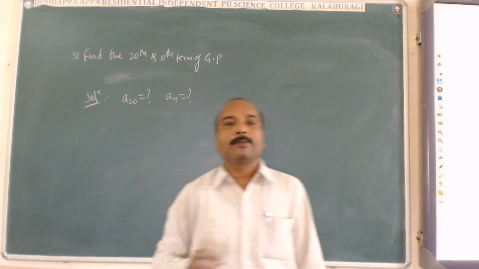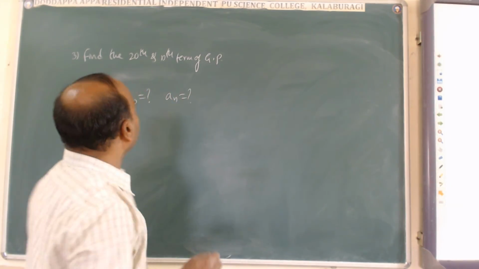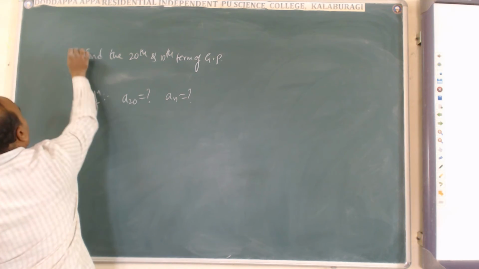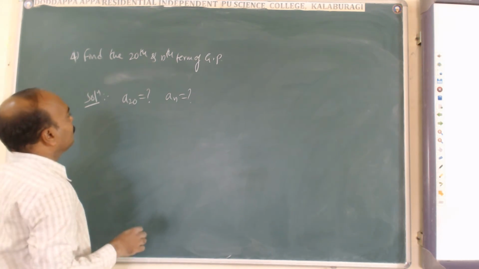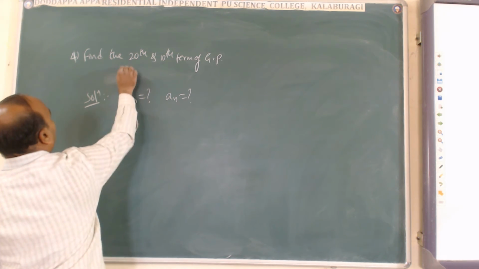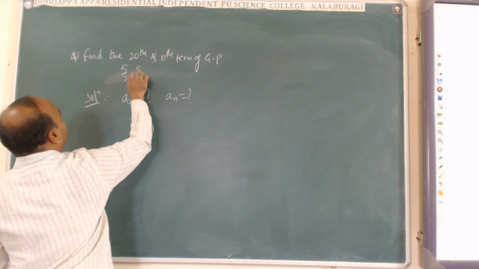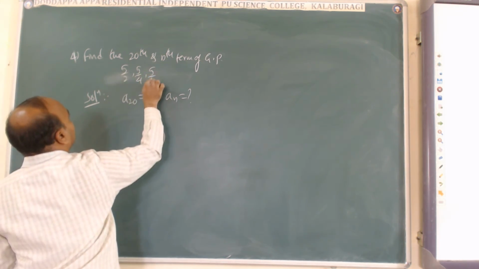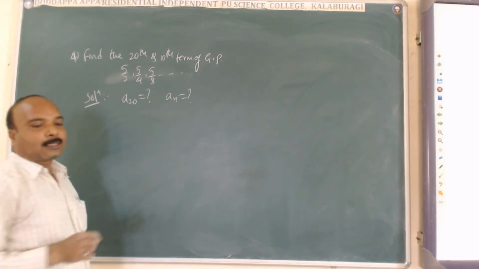Next we go for a similar example. That is, find the 20th term and nth term of the geometric progression 5 by 2, 5 by 4, 5 by 8 and so on. This is the question.